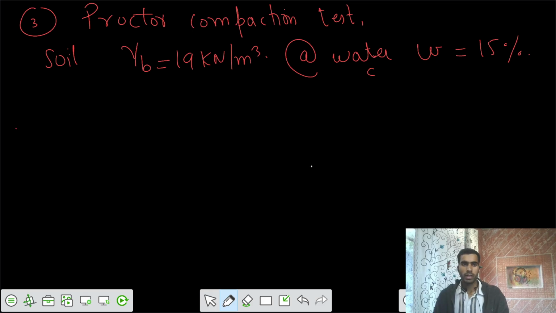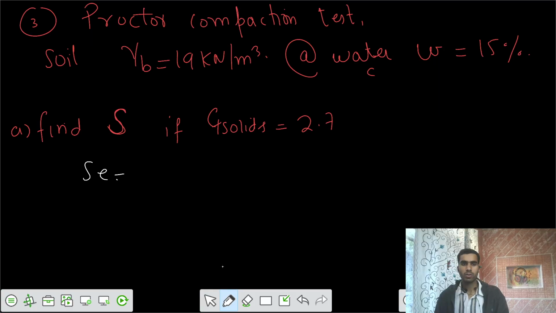Now we need to find the value of saturation if the G of the solids is 2.7. So we need to solve for the saturation at that time, if your solids have G equals to 2.7. Okay, let's try to get the solution for this part.